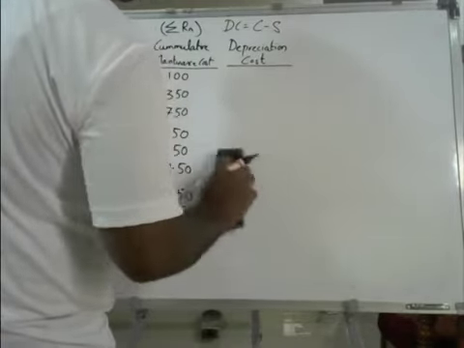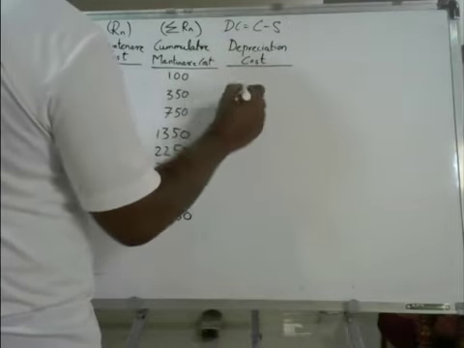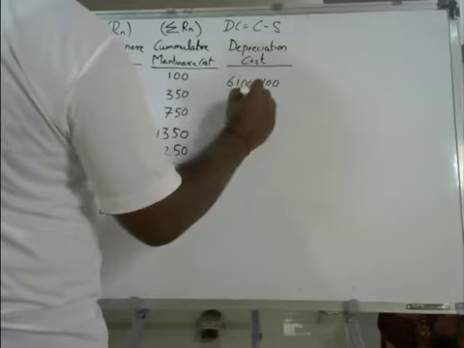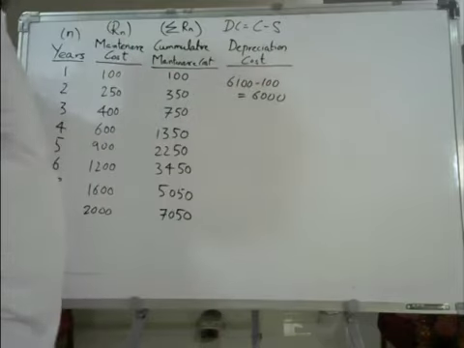Now the depreciation cost is 6,100 minus 100, which is equal to 6,000.